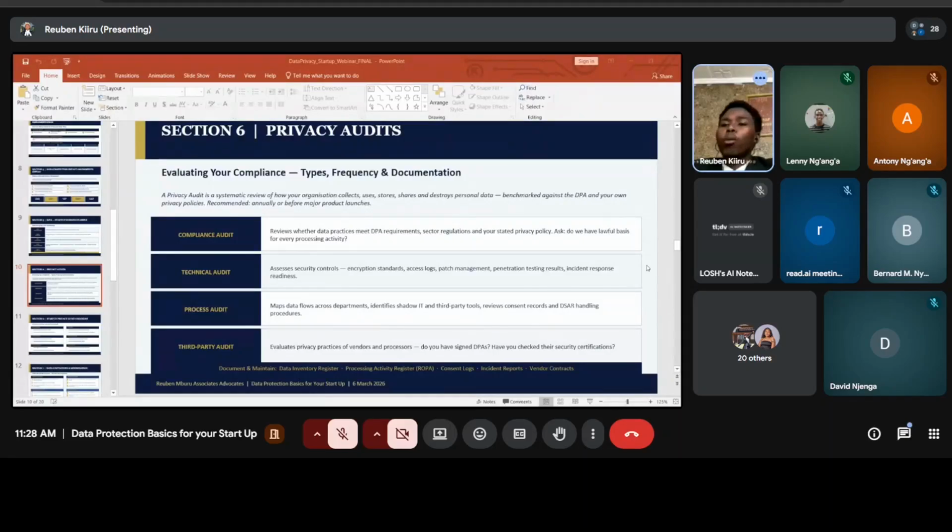Then you also audit your process. How does data move from entry to exit within your system? Do you have IT tools that you're using within your organization that can compromise user data? For example, one very interesting thing is that most of the digital apps on our phones, especially social media, ask us, would you like to share all your contacts data with the platform so that it links you with your friends?